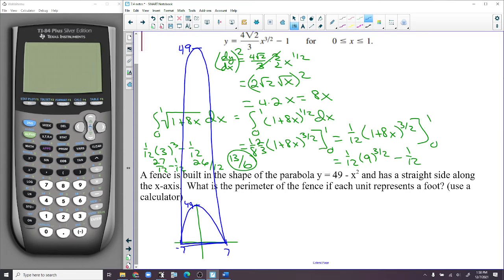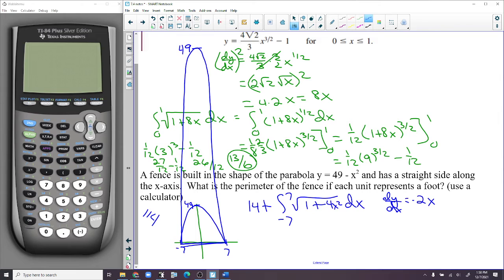So we got the 14, and then we're going to do plus integral from -7 to 7, square root of 1 plus, if we take the derivative, -2x, so we're going to go plus 4x squared, because we have to square the derivative, dx. Now we're expecting an answer of about 114.